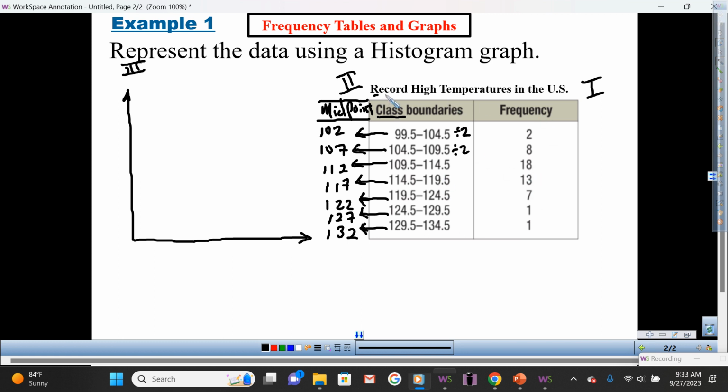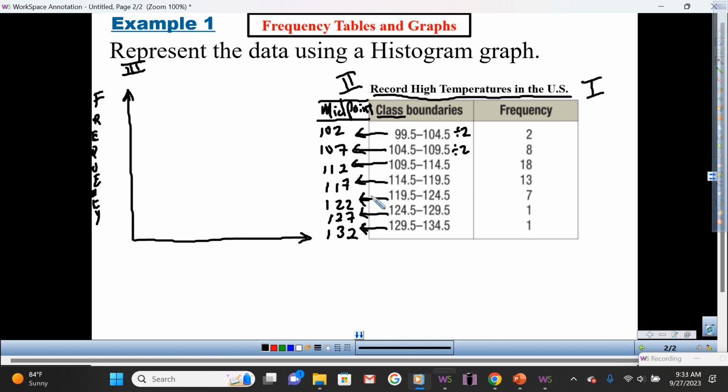And what is that representing? Record high temperatures in the U.S., but this is the actual frequency. So we're going to write frequency. And we need to figure out how you want to scale it. Notice this little bitty line, we need to fit up to 18 values.